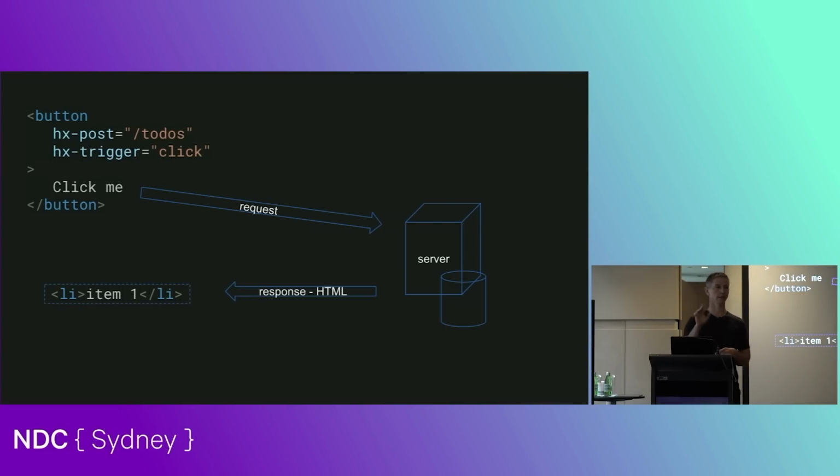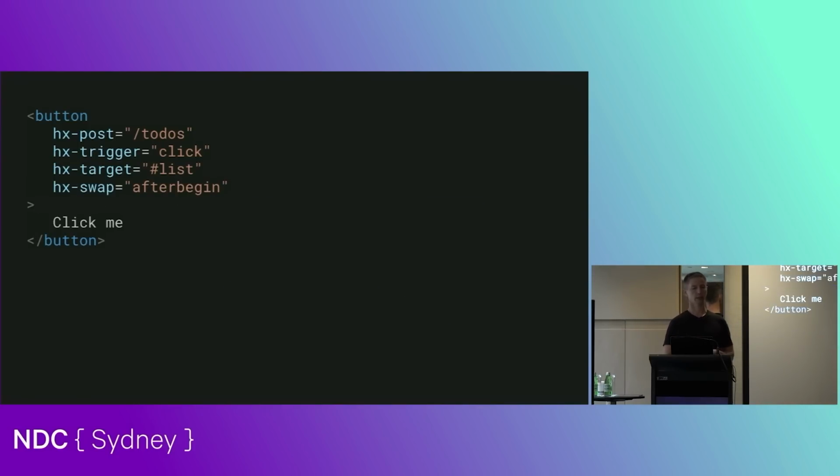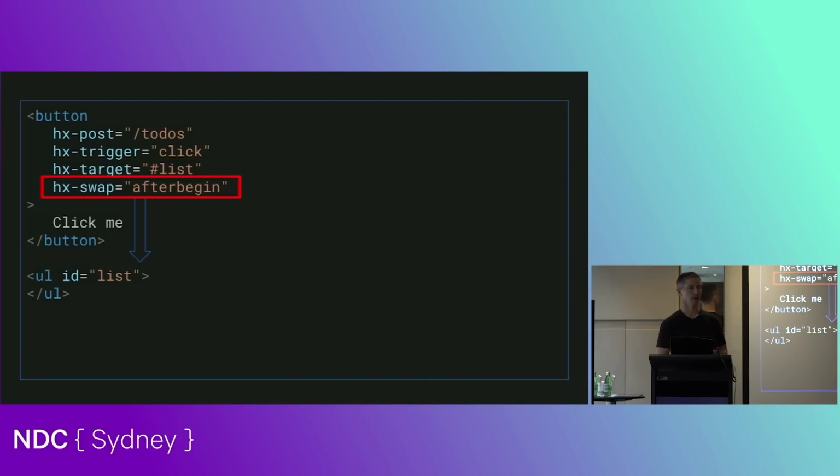And then you're going to need to sprinkle more attributes onto your button here. So you might put on an hx-target to say, I'm going to get this li from my server. Where do I want to target to put this little piece of HTML? So I want to target something with an ID of list on it. So I might have an unordered list with an ID on it, and I want to target that.